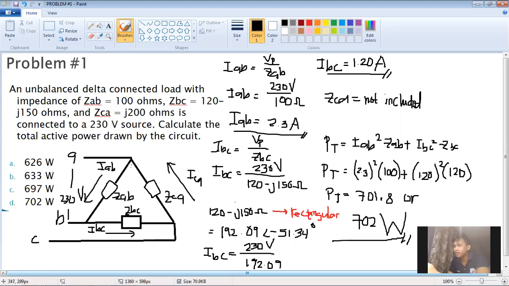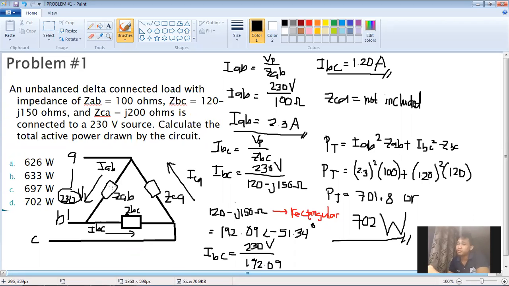So moving forward to the last problem, this is the circuit diagram for the delta connected load. We have IAB, IBC, and ICA, and the 230 volts.